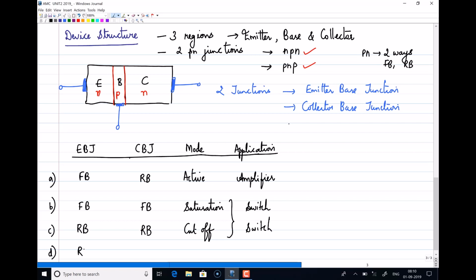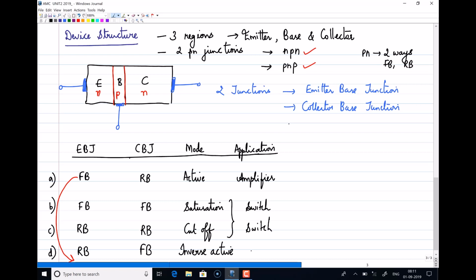And finally, one more combination is possible where I can reverse bias the emitter base junction and forward bias the collector base junction, which is exactly the inverse of the active mode, and we call this mode of operation inverse active or reverse active. So if the mode of operation is inverse to the active, the application also should be that way.